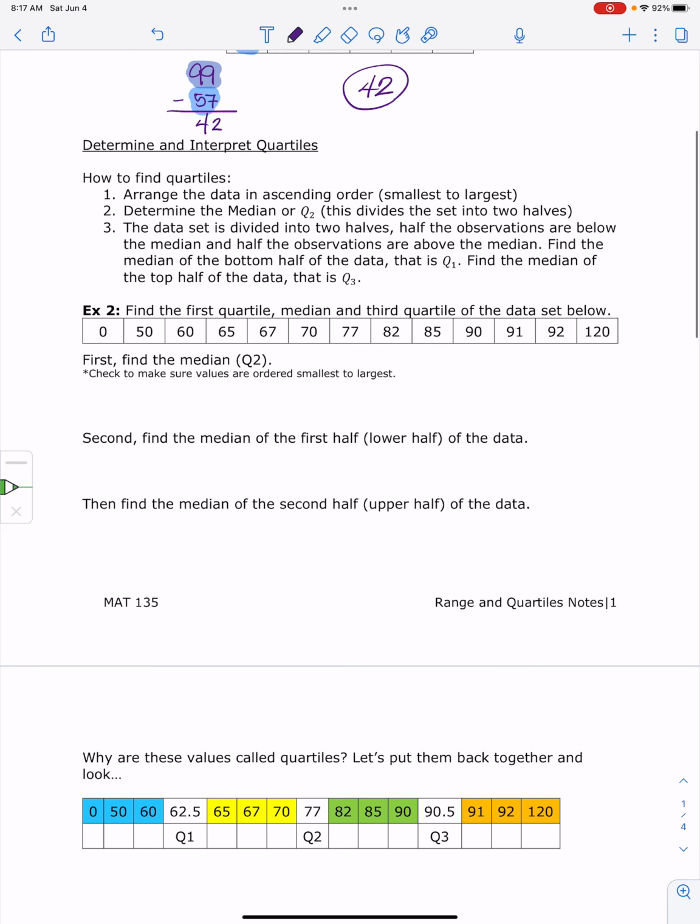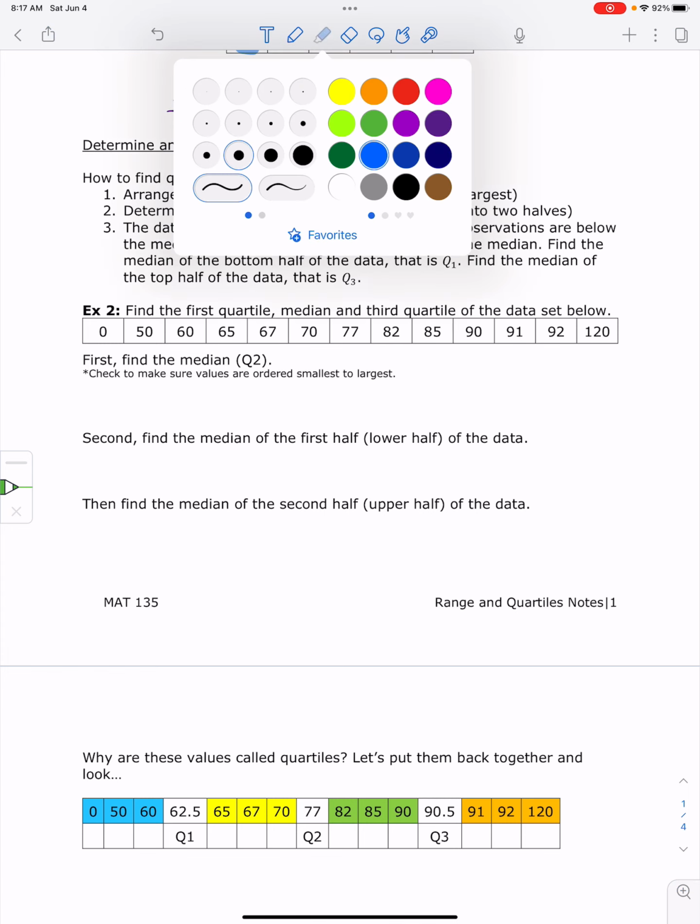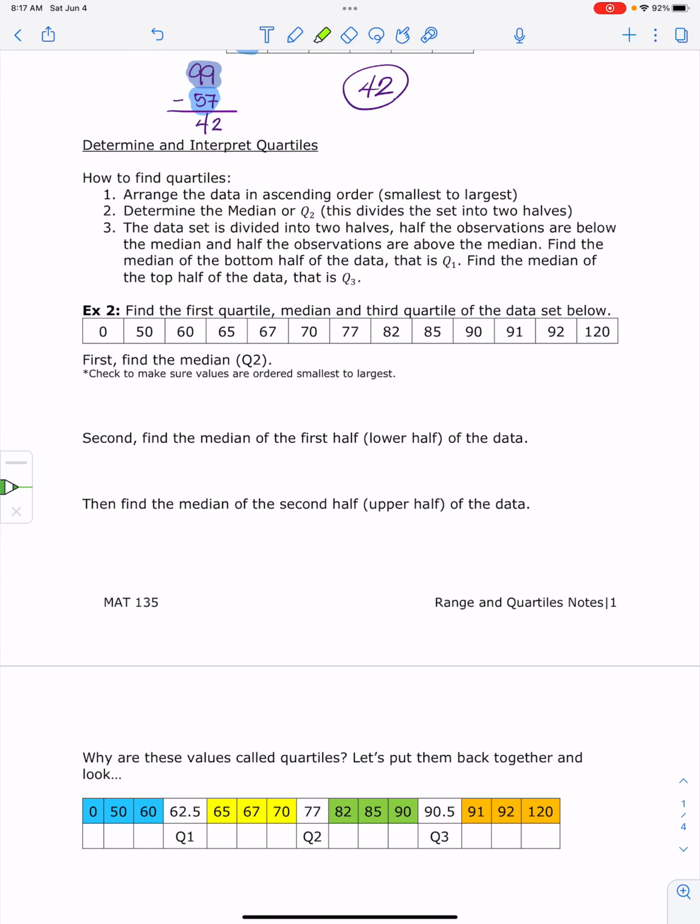Okay, so if you take a look at this data set, I have 13 different values. They are ordered from smallest to largest. First thing we're going to do is determine our median. So our median is the value that divides the set into 2 halves.